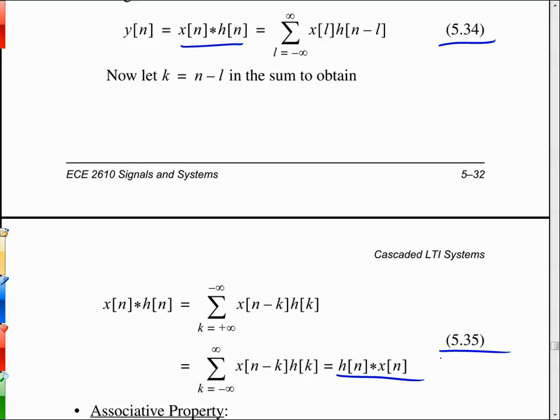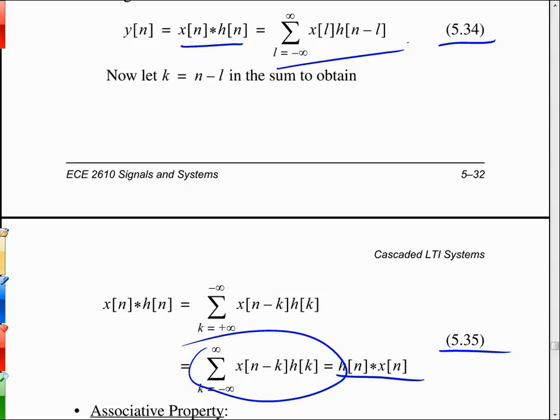In the table method, we were using this form, right? Because H stayed fixed and X is the one that flipped and got slid along. But you could do it using that form if you wanted to. You could have X fixed and let H flip and slide along.